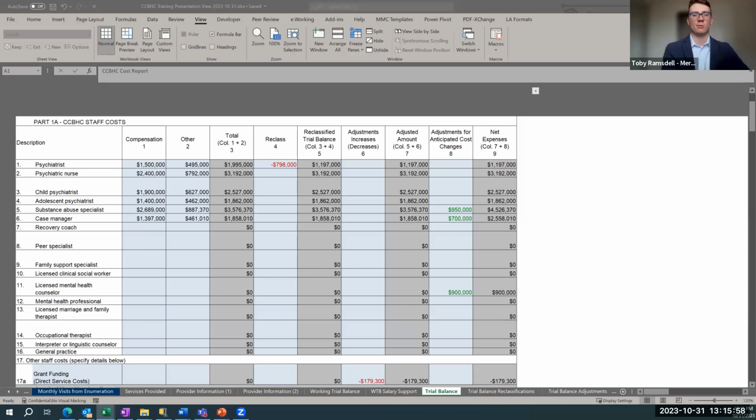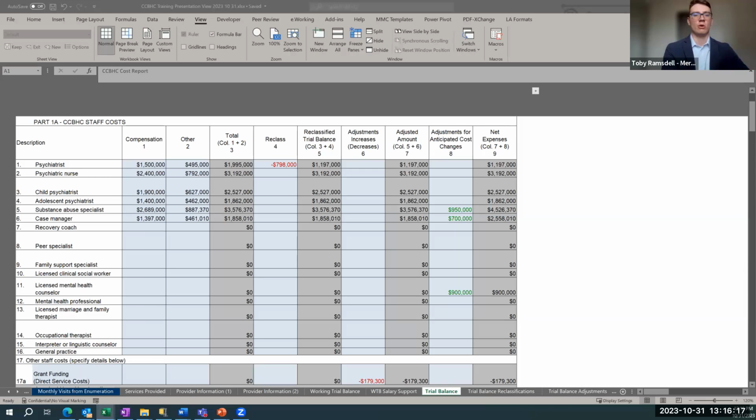What this question may be referencing is, if there are additional costs that have been incurred since the audited financial statement period and the present day when the cost reports are being prepared, those costs would be reflected as positive adjustments in column 6.